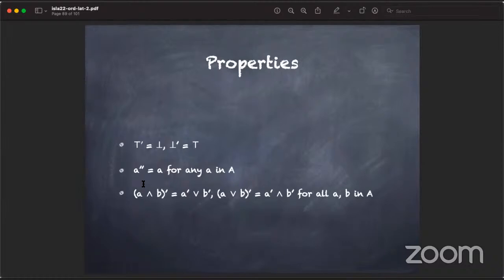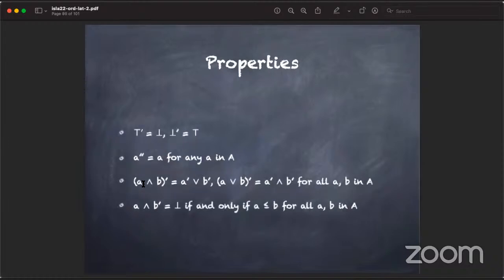You just prove that the meet is bottom, and if you take the join, you prove that it is top. That's the thing to prove for this De Morgan law condition.